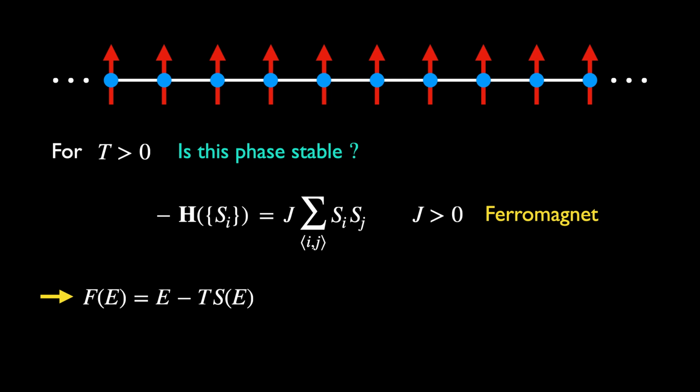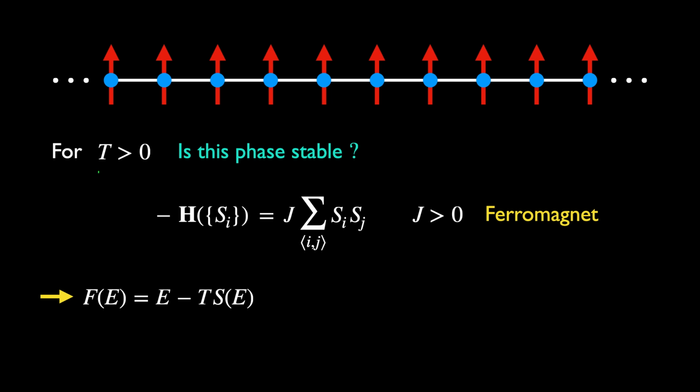Fluctuation means, instead of a definite configuration, we have a probability distribution. And this is due to the thermal interaction between the system and its environment. And a configuration is stable against fluctuations if it has a very high probability of occurrence. This is indicated by a minimum free energy under thermal equilibrium, as we have shown earlier.